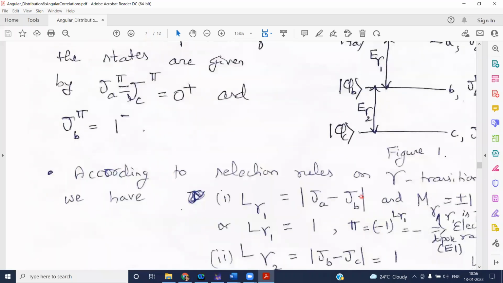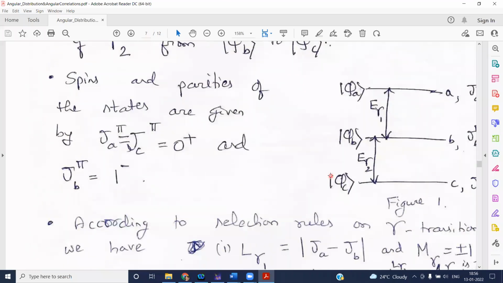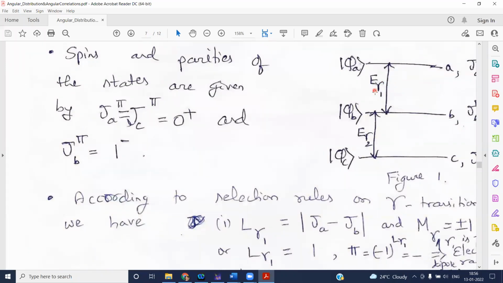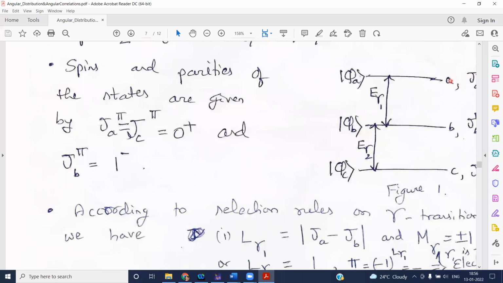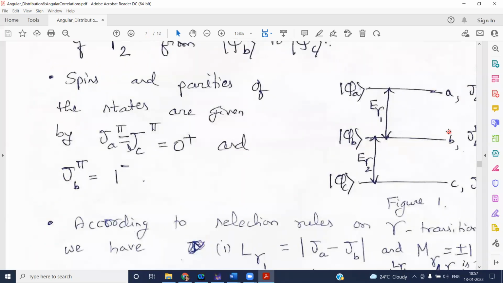According to selection rules on gamma transitions, what is the L value of gamma 1? What is the spin of level A? It is 0. Spin of level B, tell me. It is seen here. A has a spin J_A.